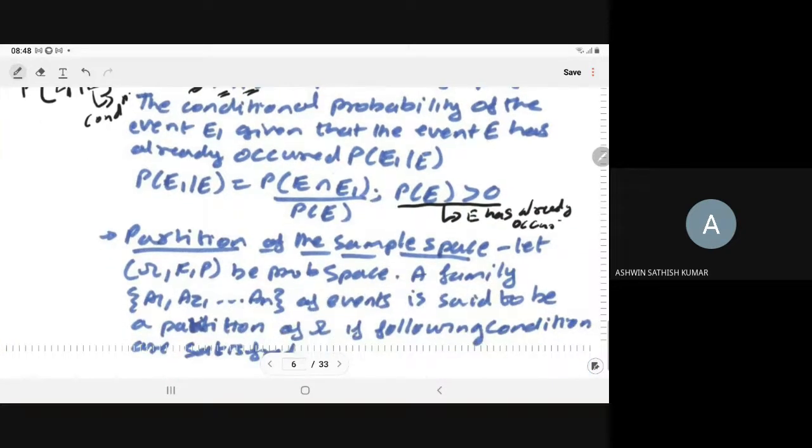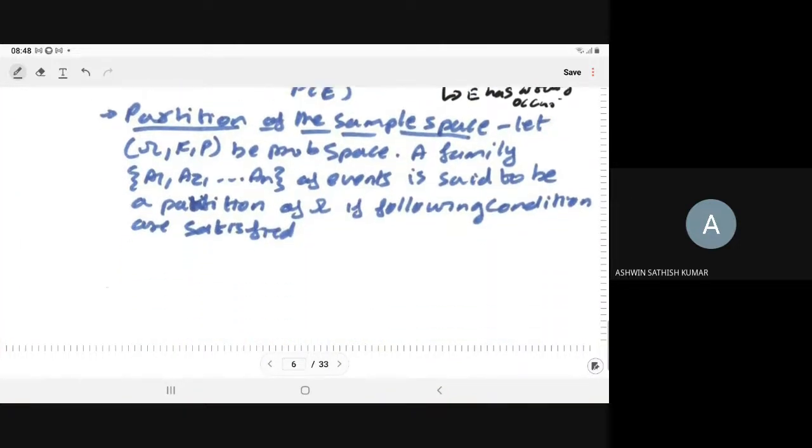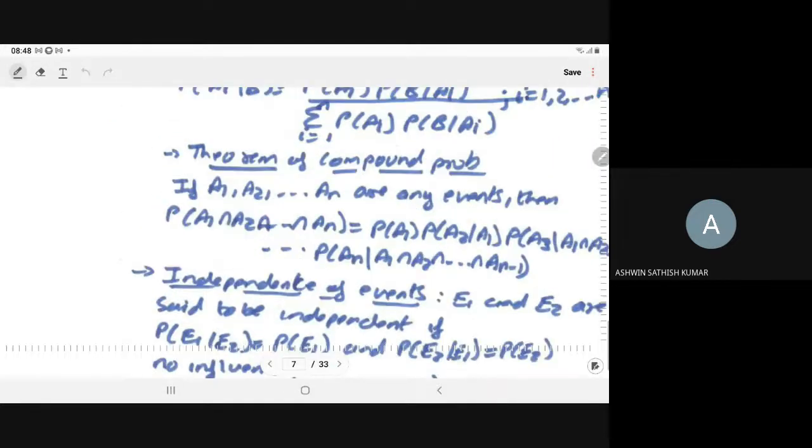So from here we have the partition of the sample space. What is the meaning of the partition of the sample space? Let omega, F, P be the probability space. The family A1, A2, ..., An of events is said to be a partition of omega if the following conditions are satisfied. What are the conditions?